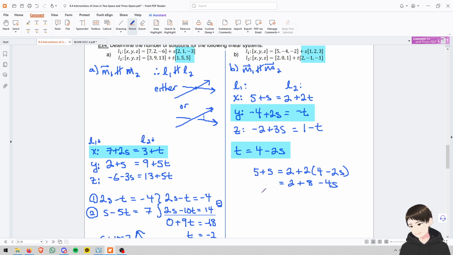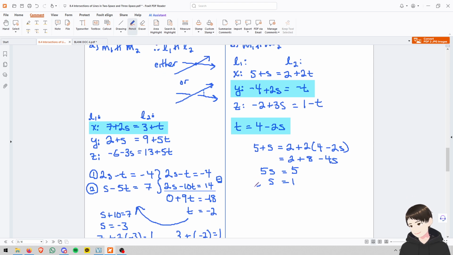Bring all the s's to one side. 5s equals 10 minus 5. That's a 5. s equals 1. If that's the case, t equals 4 minus 2 times 1. t must be 2. Okay, I'm almost done. If the x's are equal, s must be 1 and t must be 2.